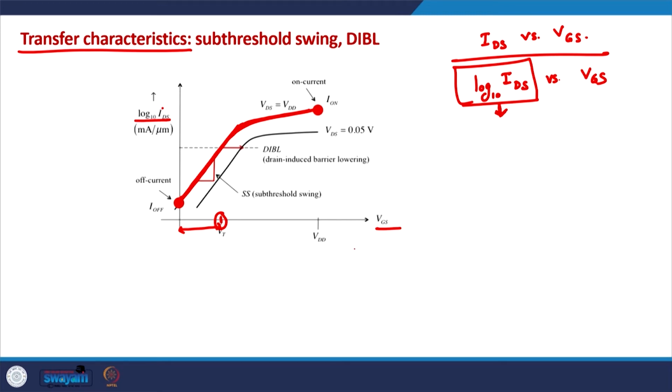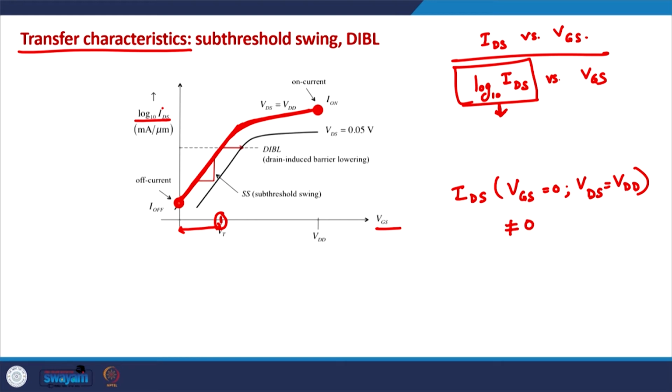And there is an important parameter here, which is the IDS when VGS is 0 and VDS is maximum. This is a non-zero number.